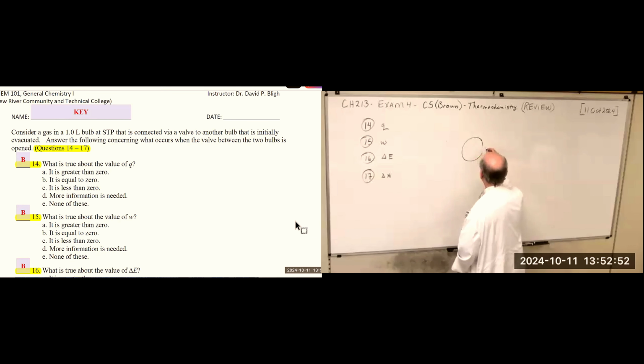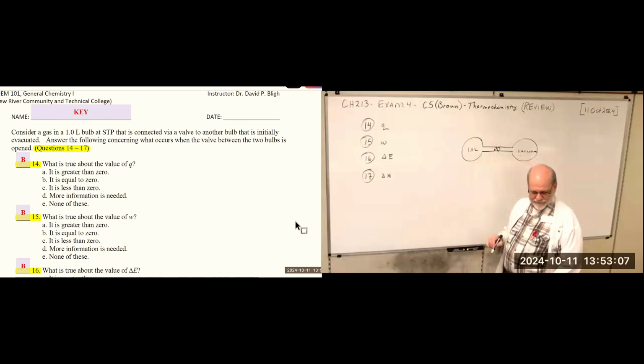Okay, so a 1 liter bulb is connected via a valve to another one, and we don't know how big this one is, but it doesn't matter. That's a vacuum. And this is 1 liter. Okay.